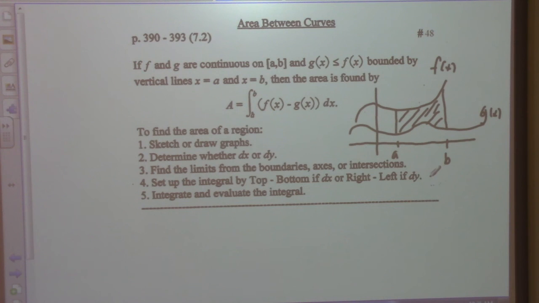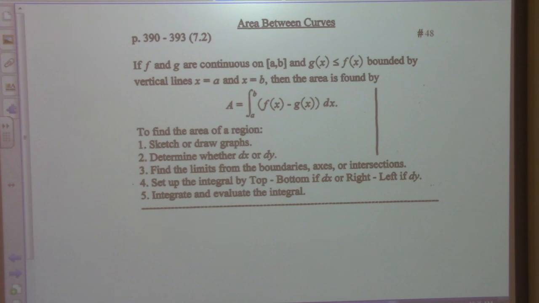Now there's another version of this problem. Often you're going to be given problems like this where you'll have an f of x like this, and a function g of x like this.